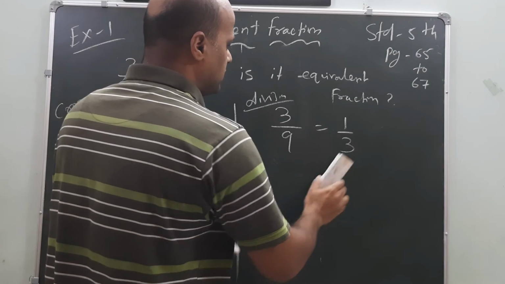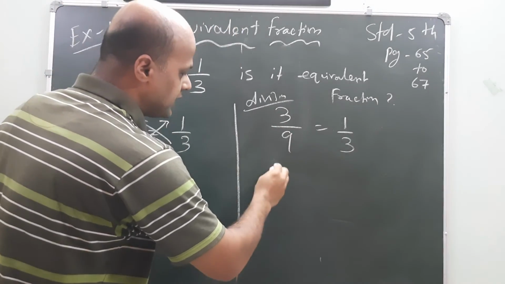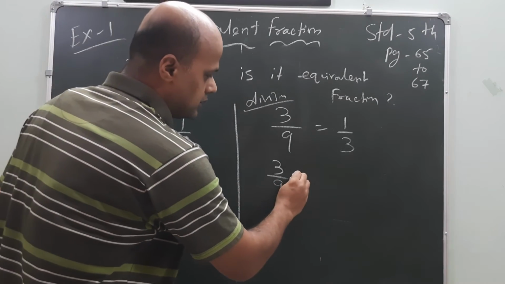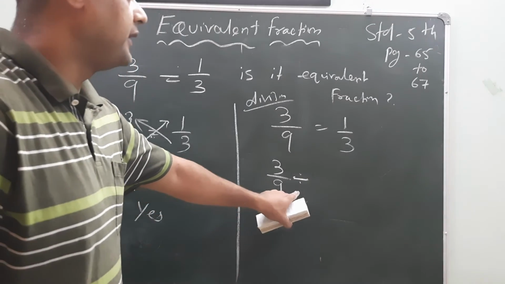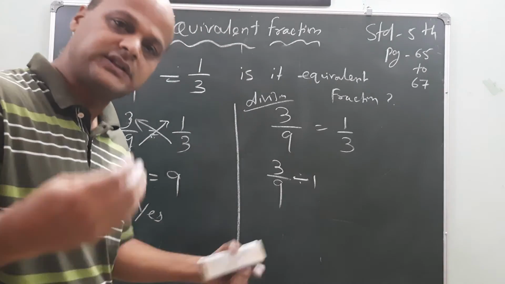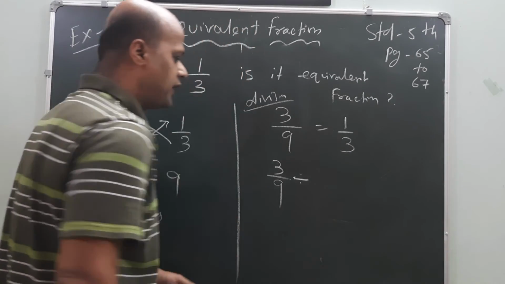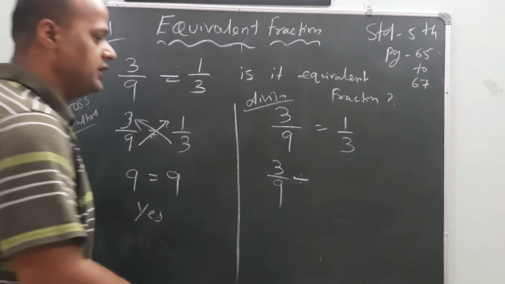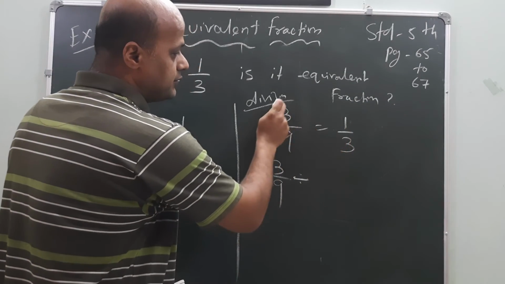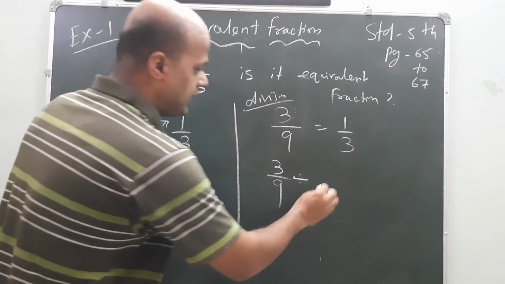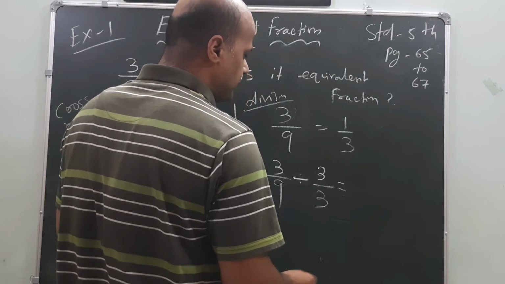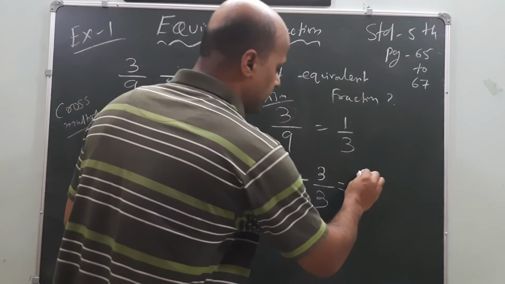What is the division process? Division by a similar number. If 3 by 9 is equal to 1 by 3, take the LHS 3 by 9. Remember, dividing by 1 gives that number only, the same formula. But here I will divide by a similar number, which number will give 1 from 3, so take 3 by 3.